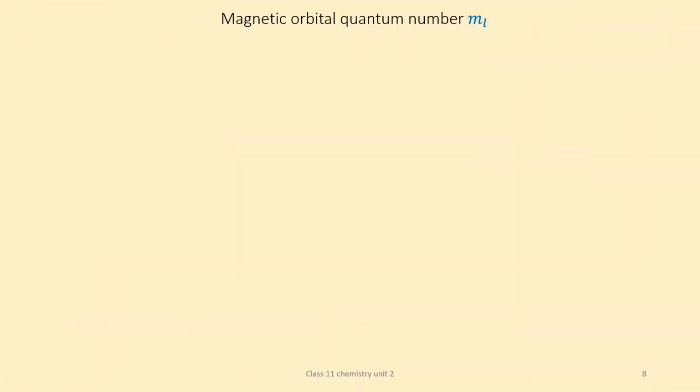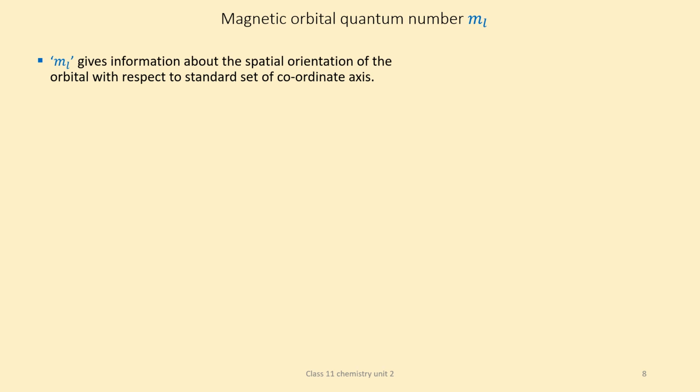Magnetic orbital quantum number is represented by the letter small m subscript L. mL gives information about the spatial orientation of the orbital with respect to the standard set of coordinate axes, that is x-axis, y-axis and z-axis.